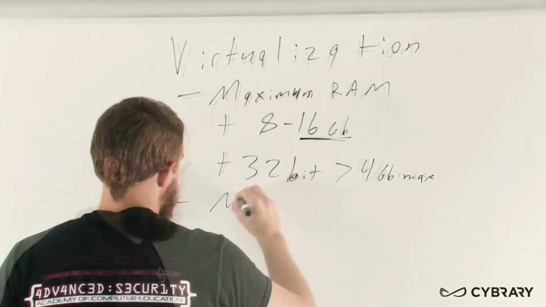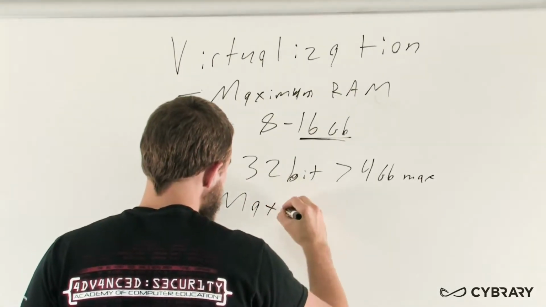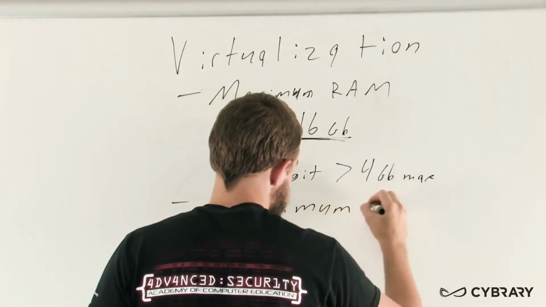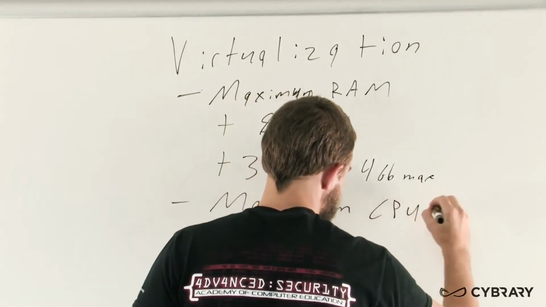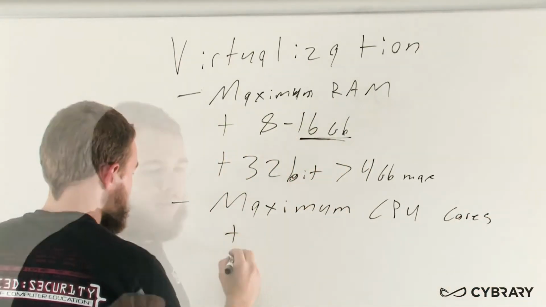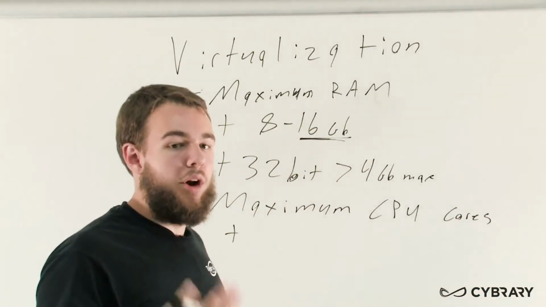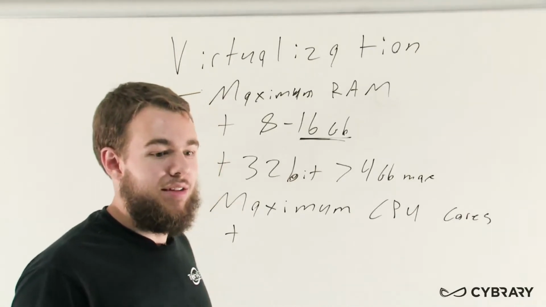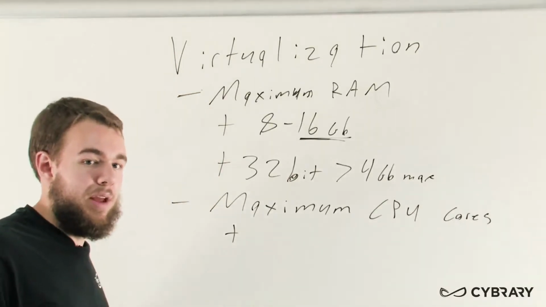In addition to having the maximum RAM, we also want to have maximum CPU cores. These additional CPU cores allow our virtual machines to run processes more efficiently. When the CPUs have more commands coming from all of these virtual machines, it's harder on the CPU.